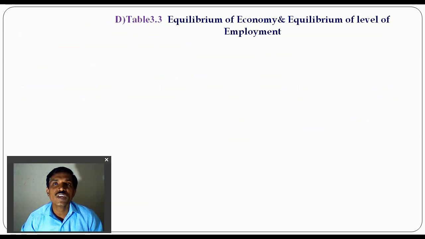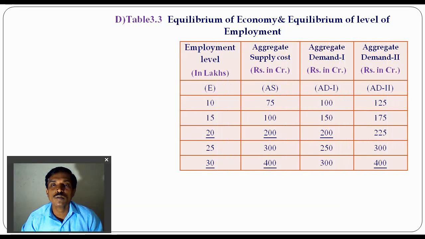We are looking at the aggregate demand, aggregate supply and the employment level also. Here is the combination of the employment level, aggregate supply cost, and aggregate demand, which changes after some time. In the first column we are looking at the employment.